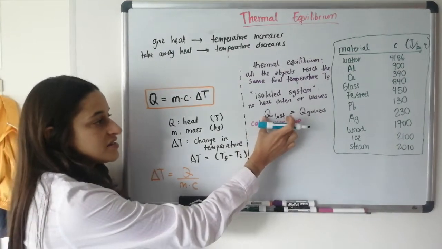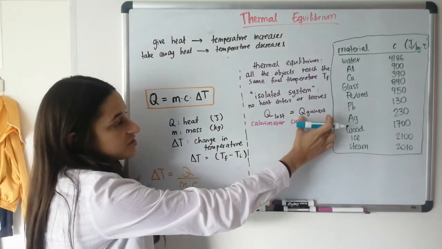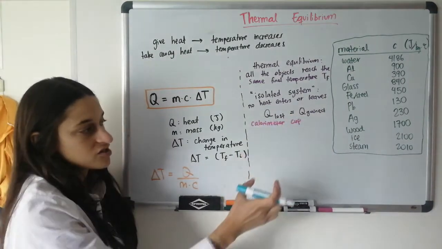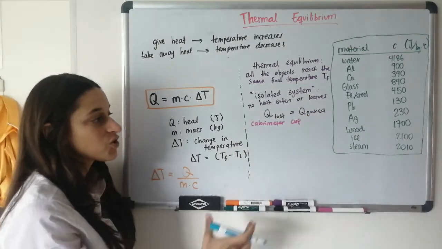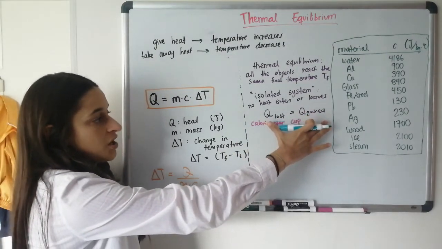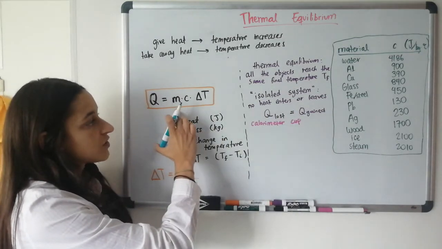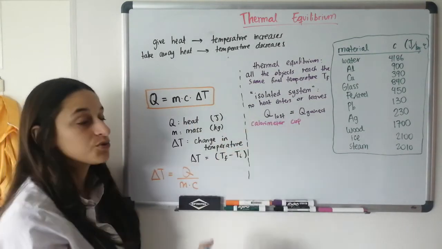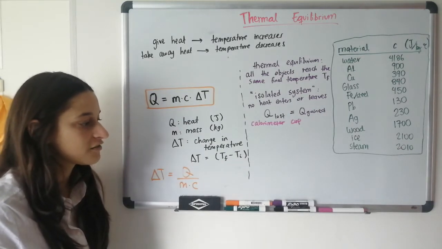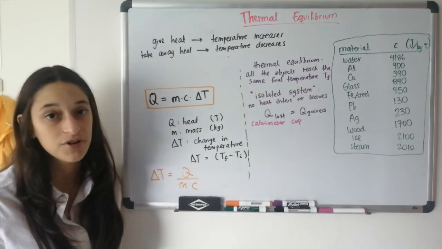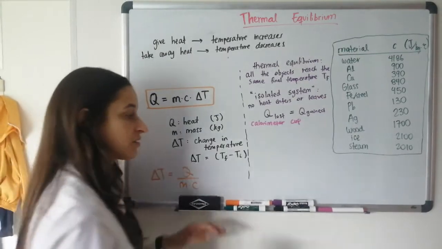But this is one object and this is another object. One of the objects, the hot one, will lose heat and the cold one will gain heat. So we can rewrite this equation, putting in the definition of Q, and solve it. Suppose we have our example of the ice cube and the water.